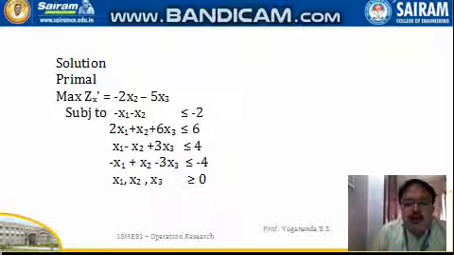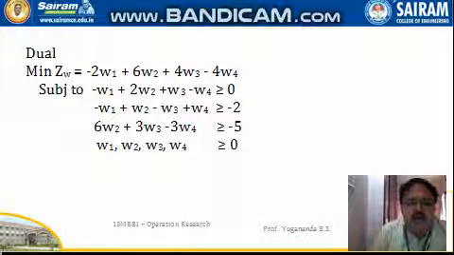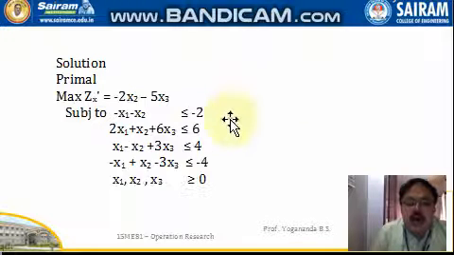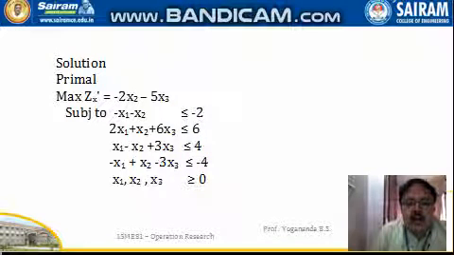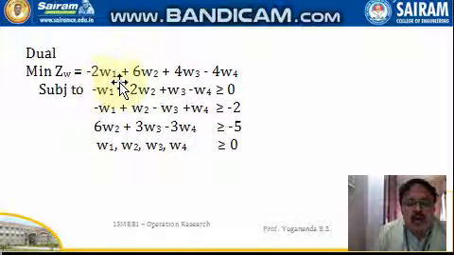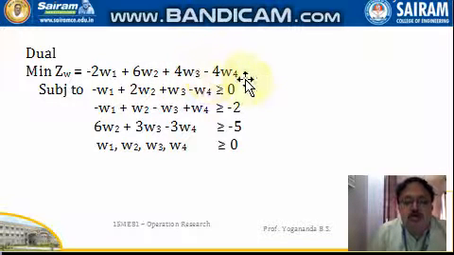Then we convert the same maximization into its dual using a minimization function, ZW. Now we have the coefficients, that is, the constants on the right side of the constraints: minus 2, 6, 4 and minus 4. So minus 2W1 plus 6W2 plus 4W3 minus 4W4.